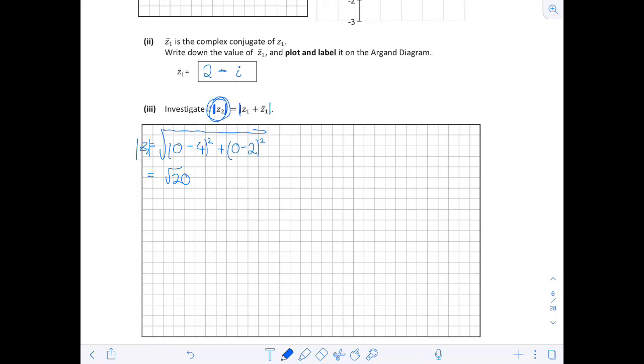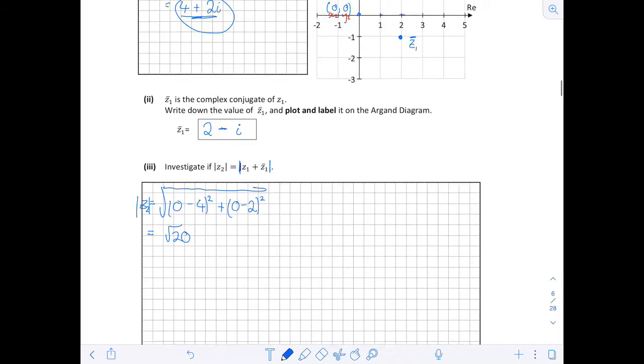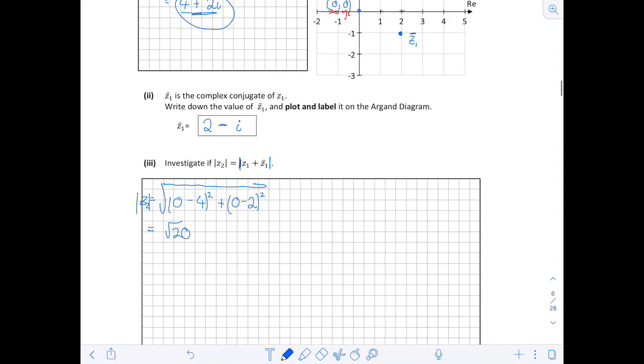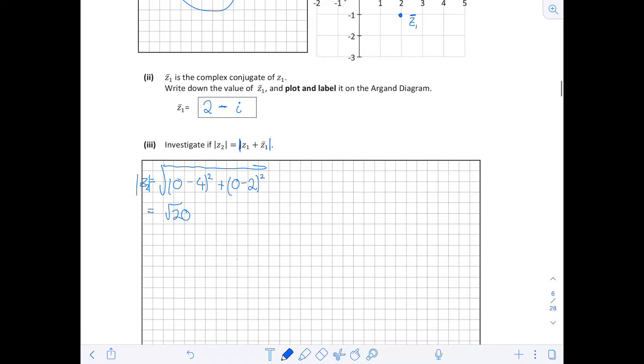Now let's take a look at this thing over here. So we now want to check z1 plus z1 bar. So z1 conjugate is 2 minus i. So that's z1 conjugate. We have to add z1 onto that.